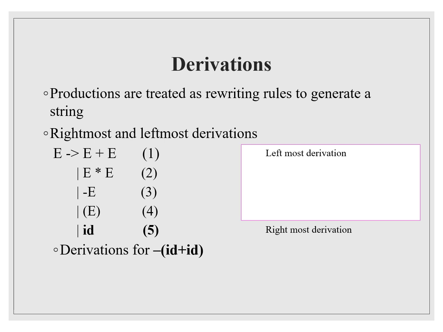Let us see the leftmost derivation. What is the string here? Minus, bracketized id plus id. Therefore, first I'll choose the first production. What is the start symbol here?